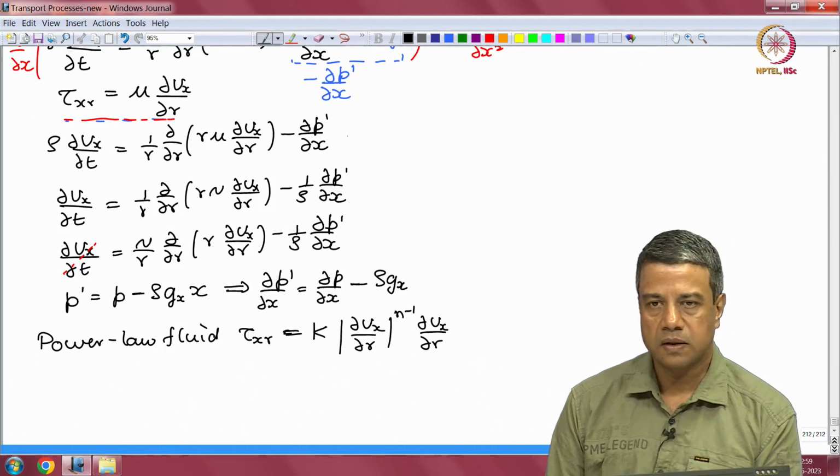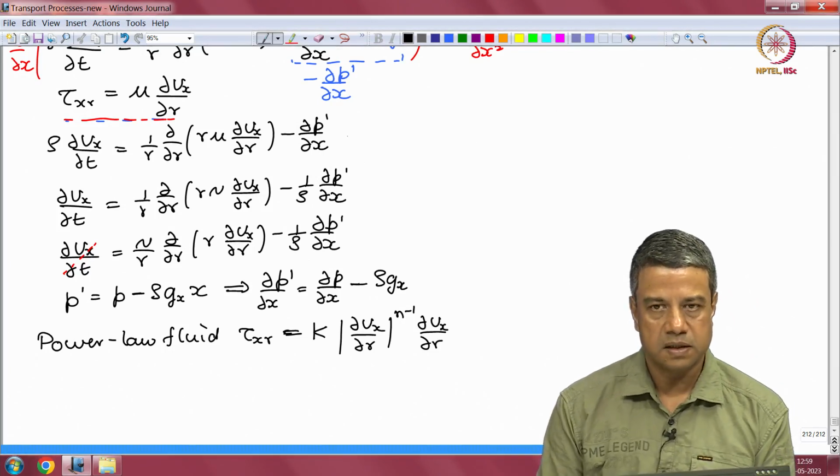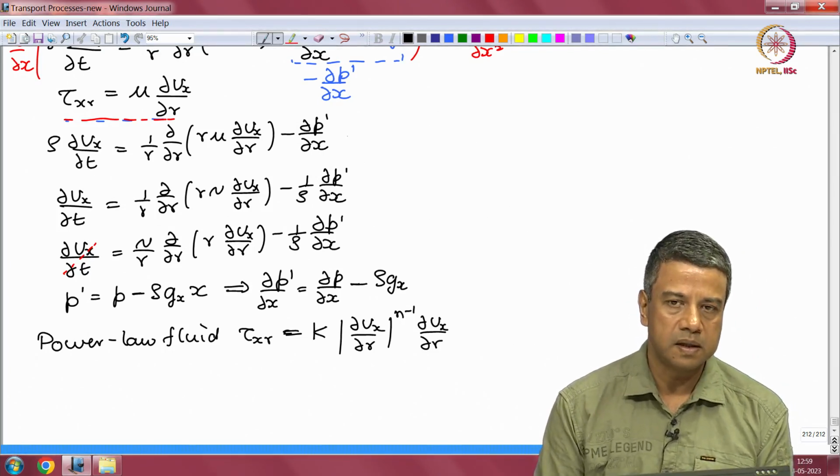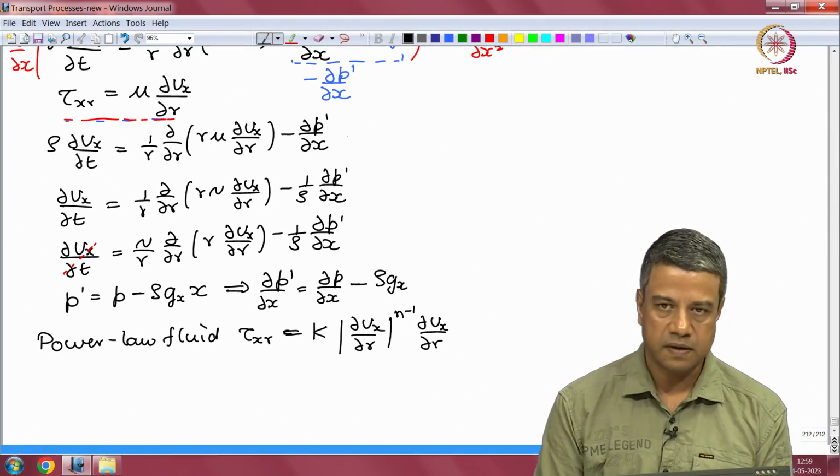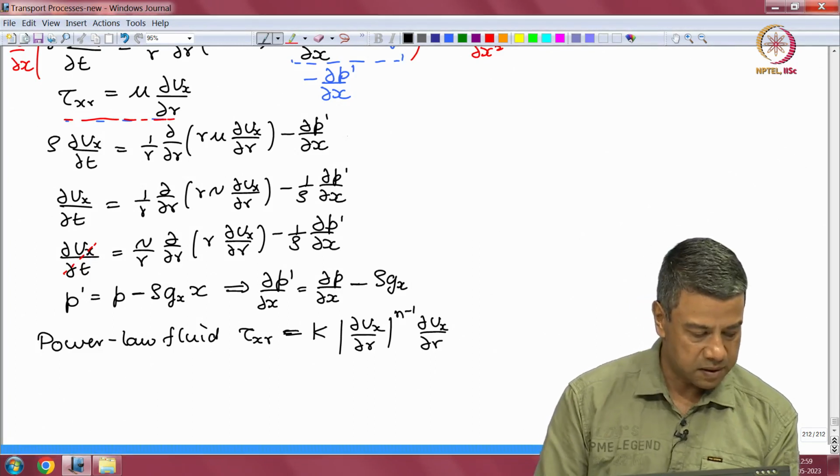So, in that case, how does the velocity profile change, and how do we determine the velocity profile and thereby the friction factor correlation?